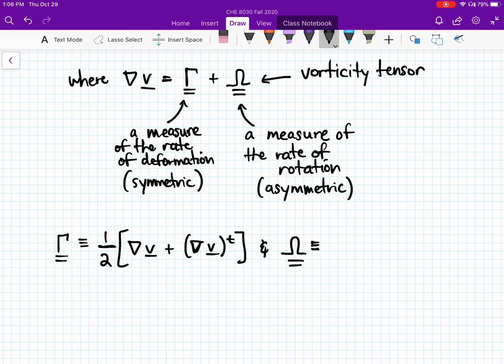And my vorticity tensor is equal to 1/2 the gradient of the velocity minus the transpose of the gradient of the velocity.